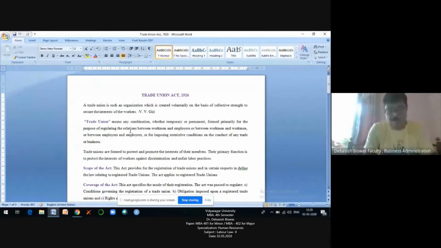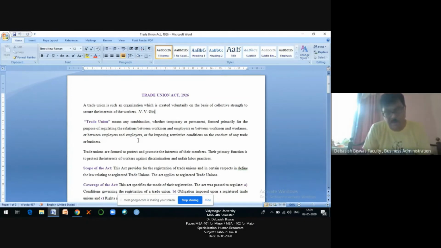So it is formed primarily for the purpose of regulating the relation between any combination between workmen and employers, or between workmen and workmen, or between employers and employers, right? So there will be three types of relations that will be regulated through the trade union.